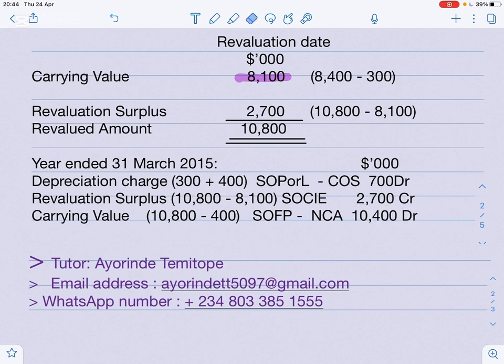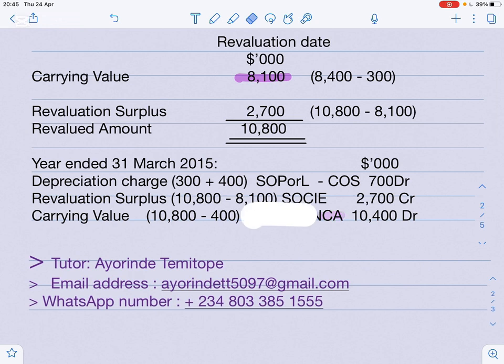So it's going to be $10.4 million debit. And where will this go to? Well, it will go to the statement of financial position, under non-current assets. It is going to be part of property, plant, and equipment. Okay, good. So 10.4, there you have it.